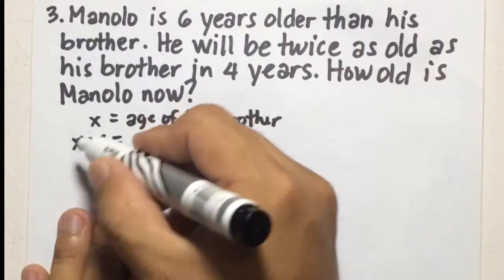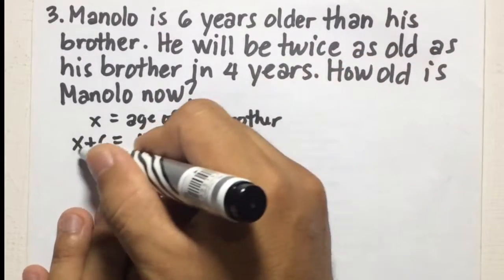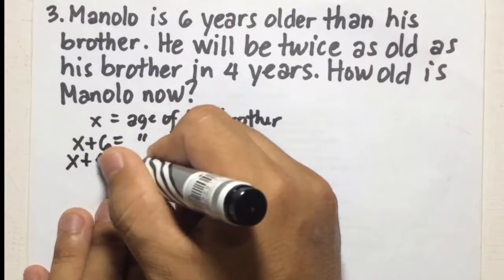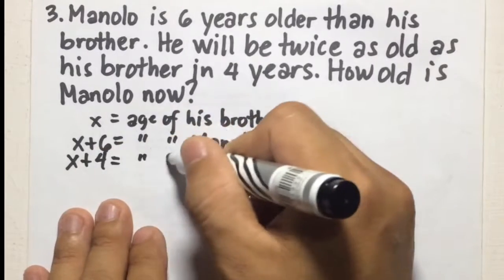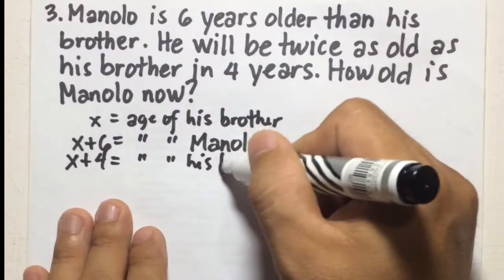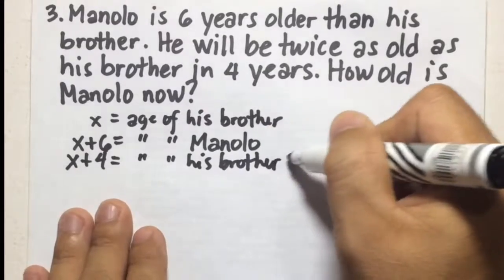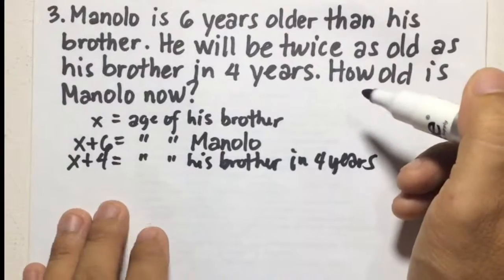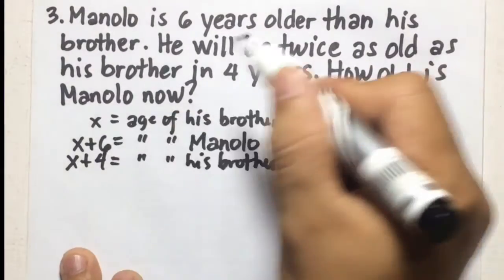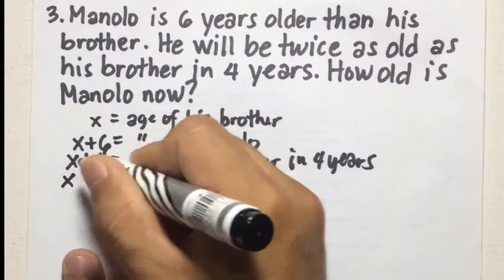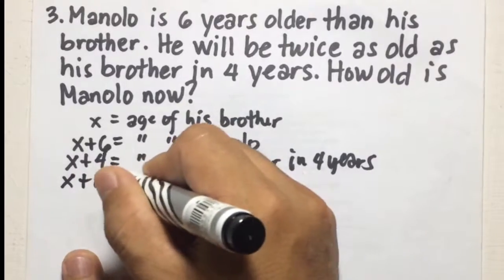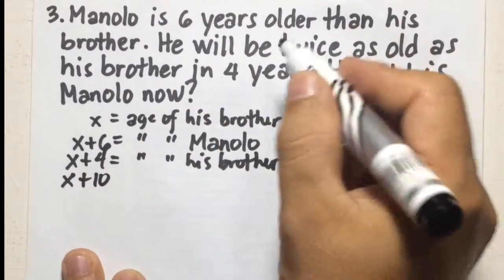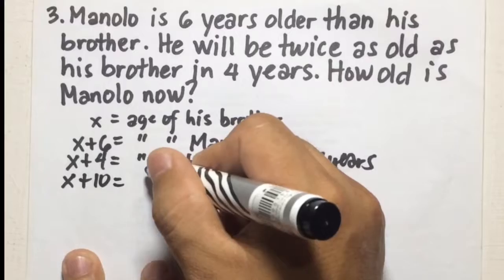So in 4 years, if his brother is X, his age will be X plus 4. Then Manolo will become X plus 10, so 6 plus 4, because in 4 years, that will be his age.